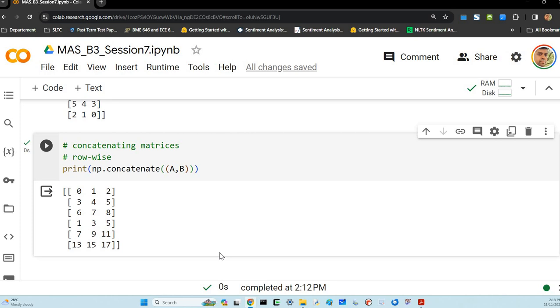When you put A comma B, you have to put it as a tuple, right? So within this, you will have A comma B.